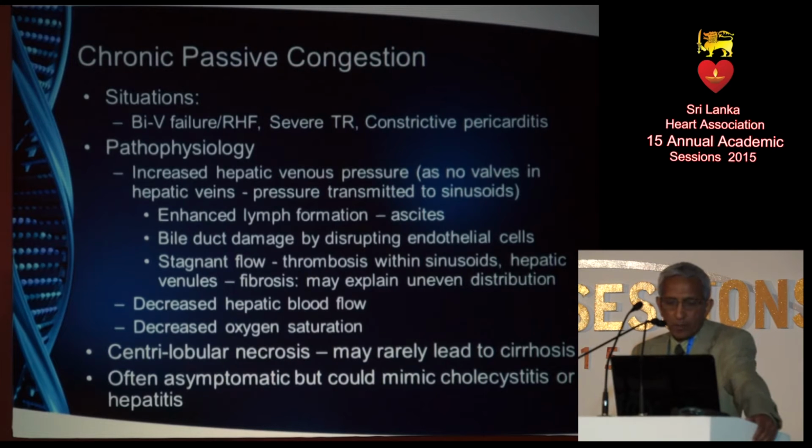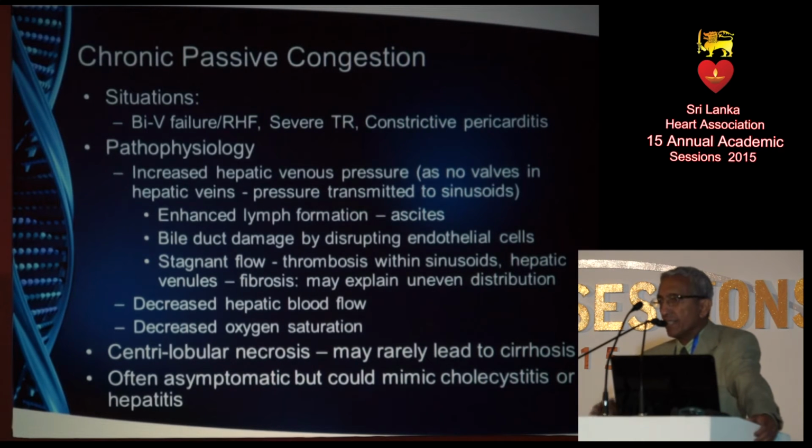Again, you have centrilobular necrosis. Cirrhosis is generally rare unless the cardiac failure has been going on for many, many months to years. So these days, to see cirrhosis is generally rare because of the treatment that we can give these people.